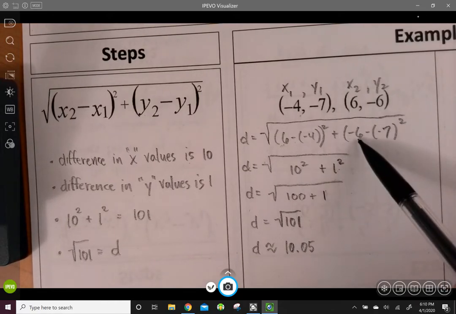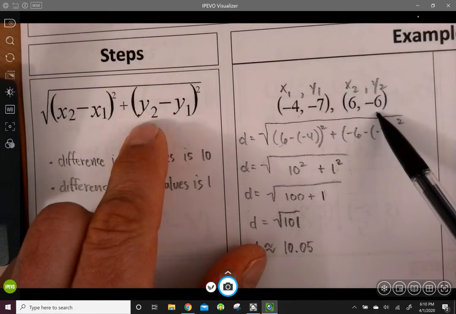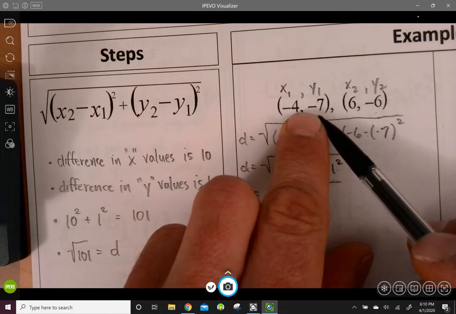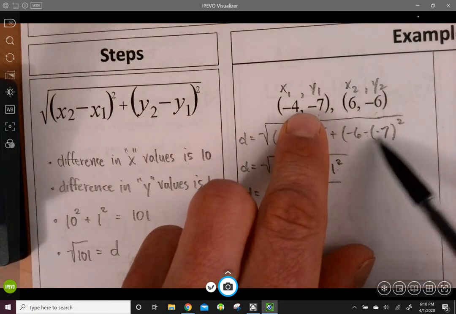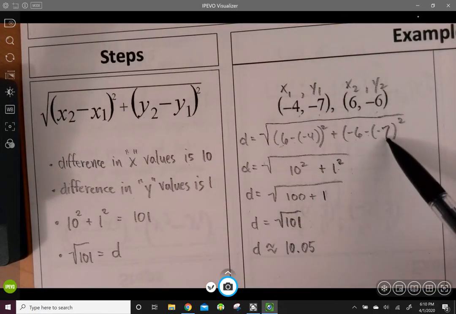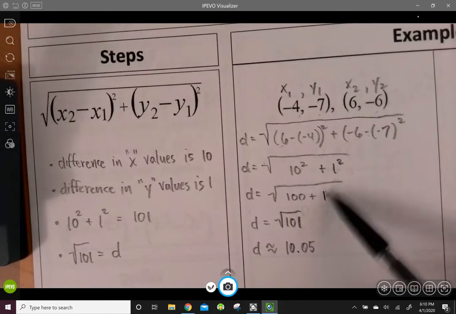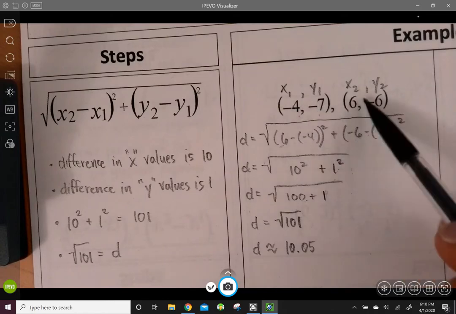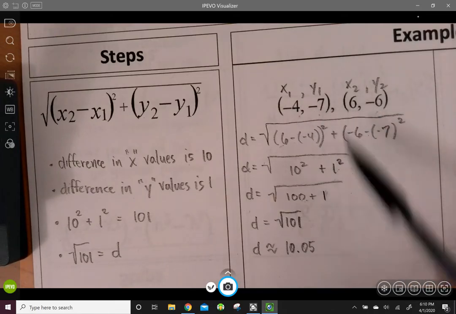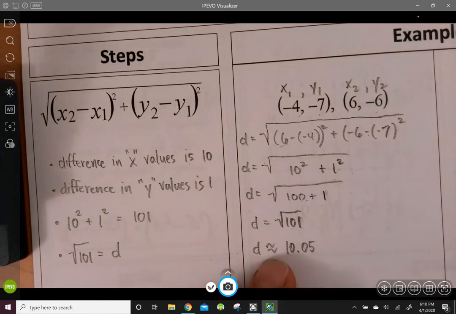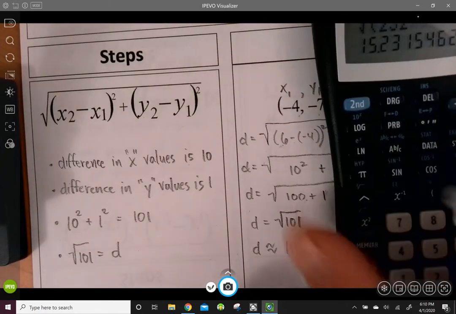And then the difference between my y values, I start with my y sub 2, it's negative 6, and I subtract negative 7. If I subtract negative 7, I'm actually adding 7. So that's positive 1 squared, and 1 times 1 is 1. So the length of the line that connects these two points is equal to the square root of 101, which is approximately 10.05.